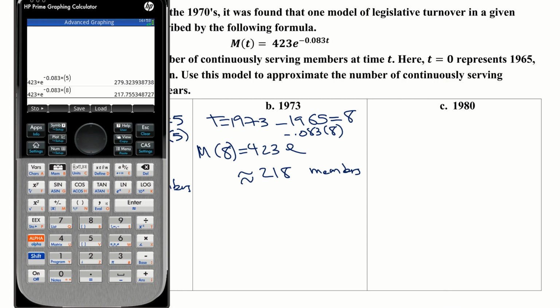And for 1980, of course, t is going to be 1980 minus 1965. That's going to be 15. So we're finding M of 15, which is going to be 423 times e to the power of negative 0.083 times 15.